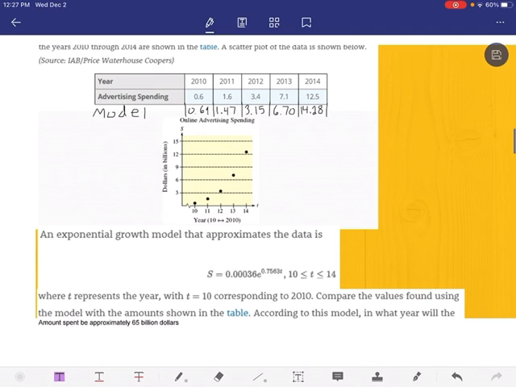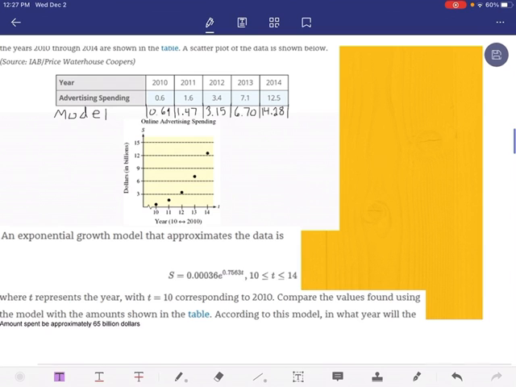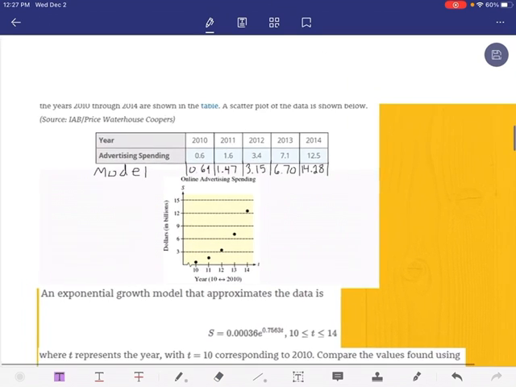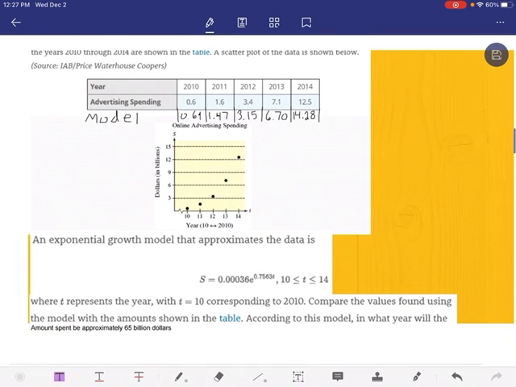Then it asks us, according to the model, in what year will the amount spent be approximately $65 billion? In order to figure this out, this time instead of plugging in for t, we want to plug in for S. Another place to be careful about is, notice that it says this is the amount spent in billions of dollars.